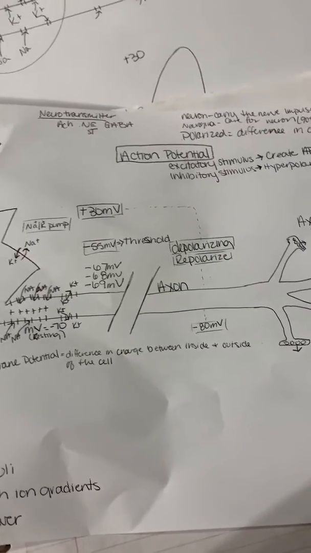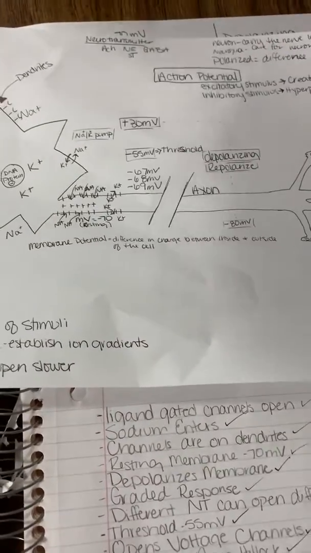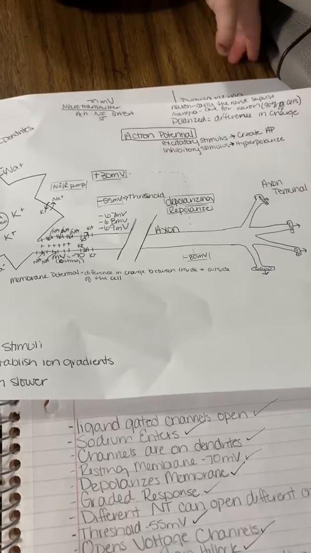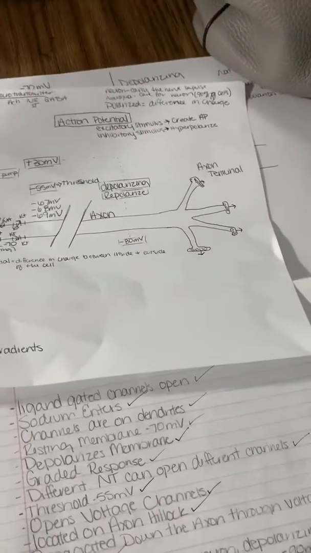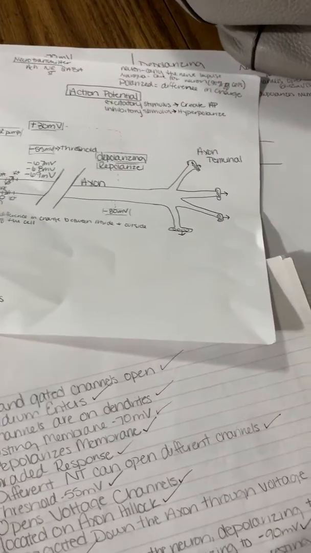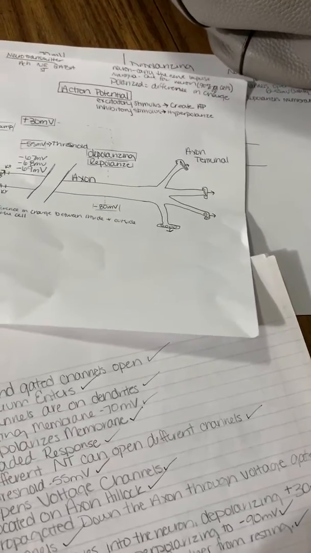The action potential is going to open the channels at the terminal end, and those are ligand-gated channels. And then calcium is going to enter the synaptic end bulbs, and that is going to release your neurotransmitter into whatever motor unit it is going to go into.